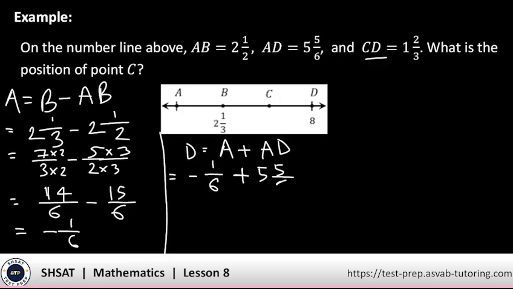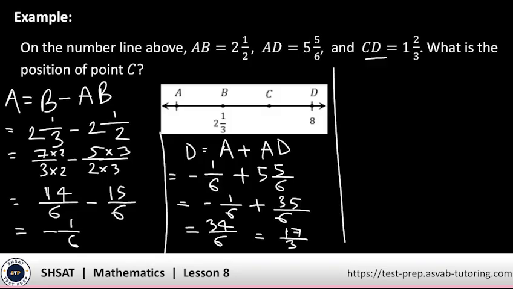So 5 and 5/6 can be converted as what? 6 times 5 is 30, 30 plus 5 is 35. Now, because the denominators are the same, you will just be dealing with the numerators. So that is minus 1 plus 35, which is 34. So 34 over 6, or if you further simplify it, that's 17 over 3.